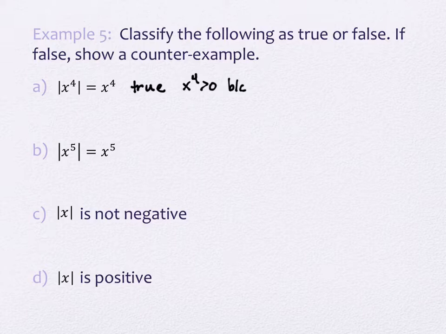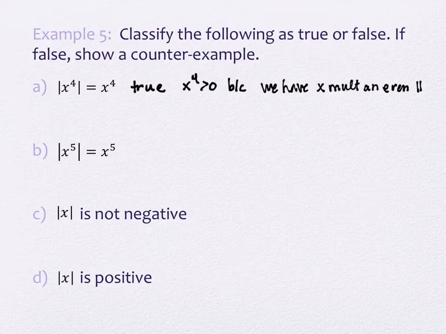Okay, so let me change a little bit of the language you're using, but we have an even exponent, so we're multiplying a number an even number of times, right? So when I multiply a negative an even number of times, it will always become positive. Does that sound right? So x to the fourth is greater than 0 because we have x multiplied an even number of times, giving us a positive number.